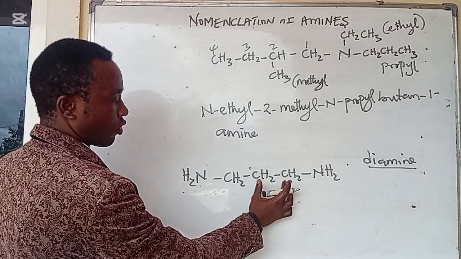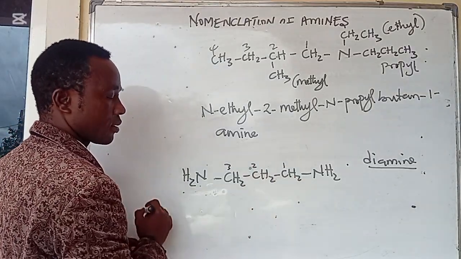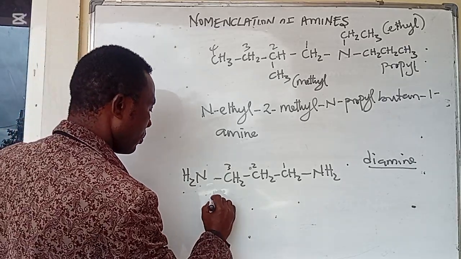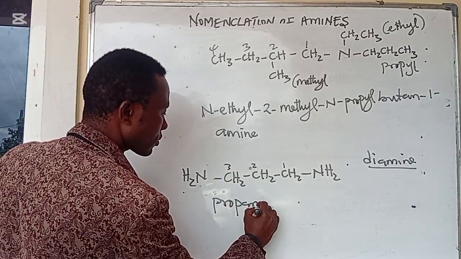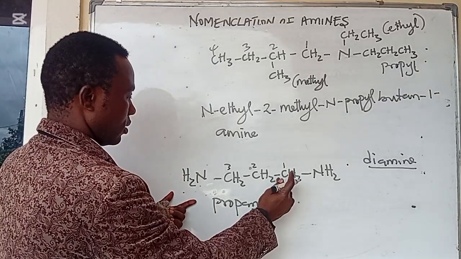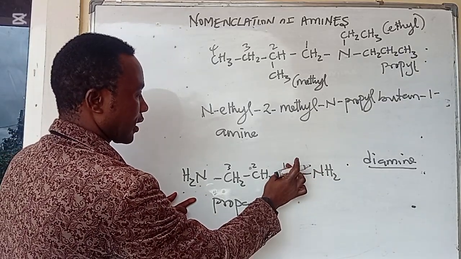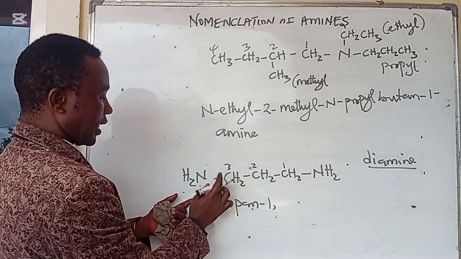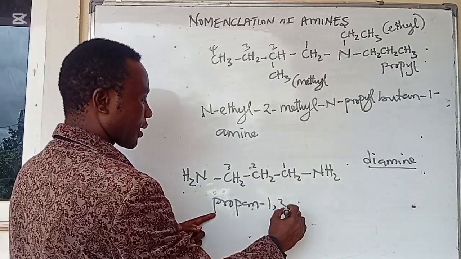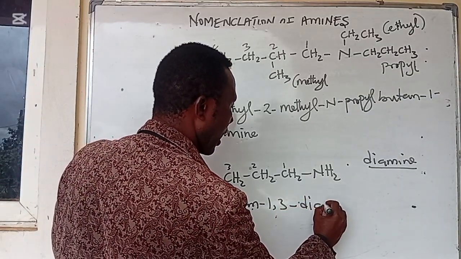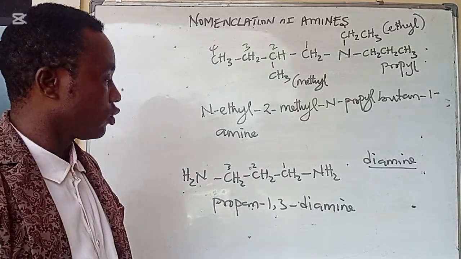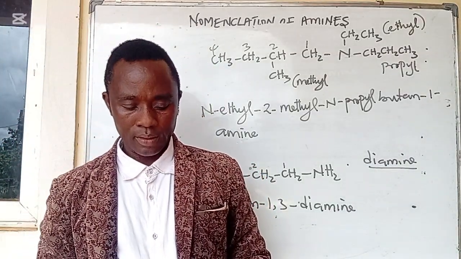Now, how many carbon atoms are here? 1, 2, 3. So this is propan. The first amine is at number 1. The other one is attached at number 3. So this is propane-1,3-diamine. If you follow these steps, you should be able to name any amine.